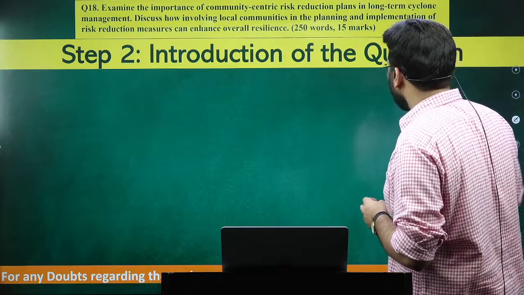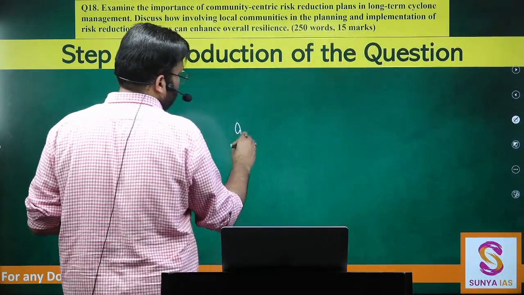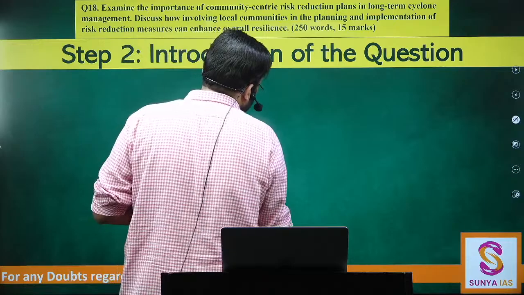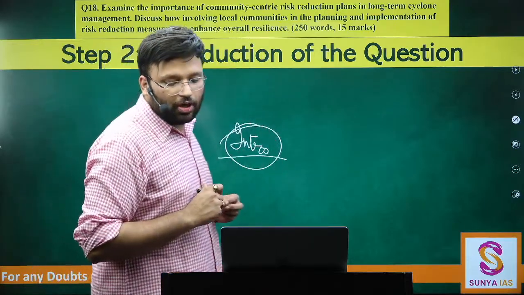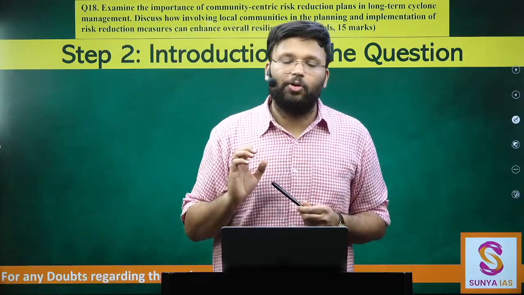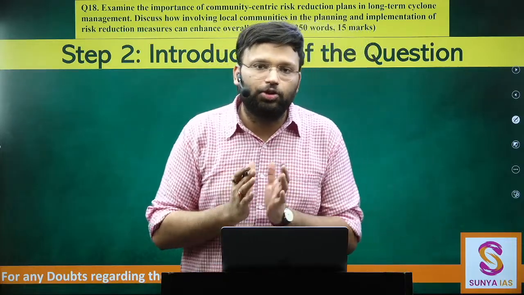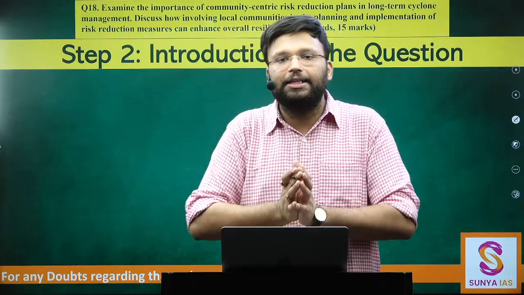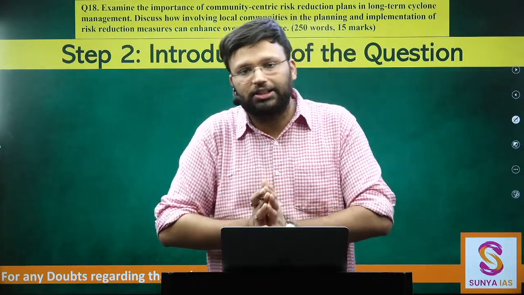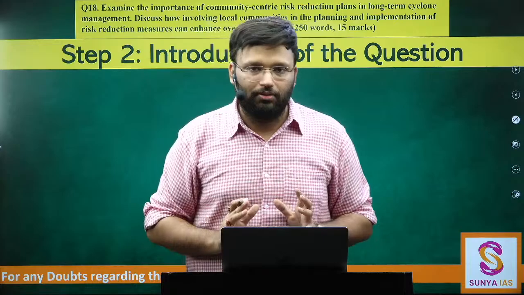So how can we introduce? The question is on disaster management, okay. The question is on disaster management, and you have to show how India is vulnerable to different kinds of disasters, specifically cyclones, right.